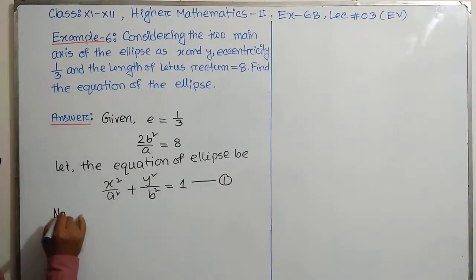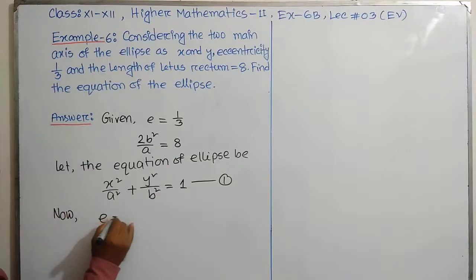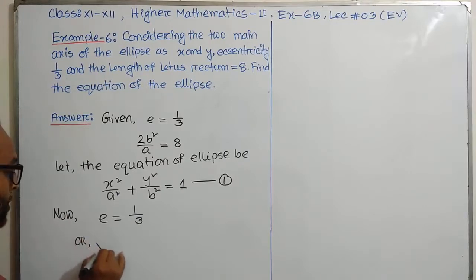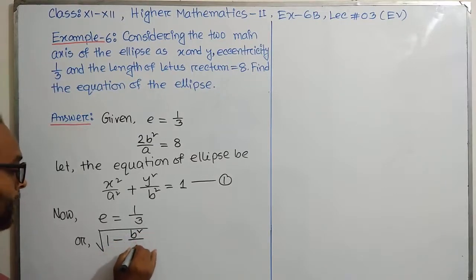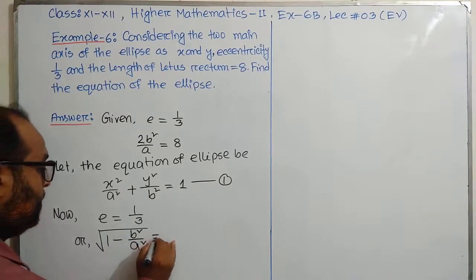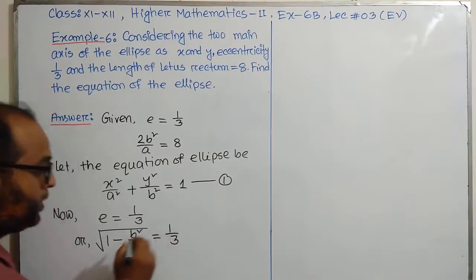Now given e equal 1 by 3, or we know e equal root over 1 minus b square by a square equal 1 by 3.